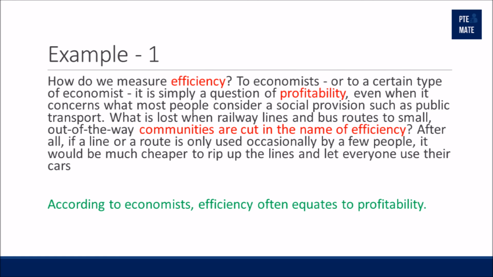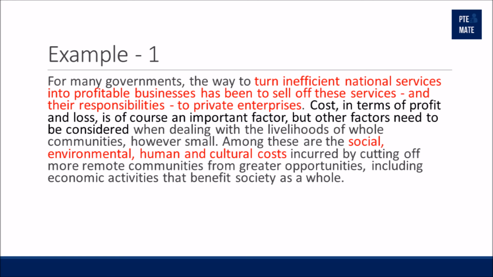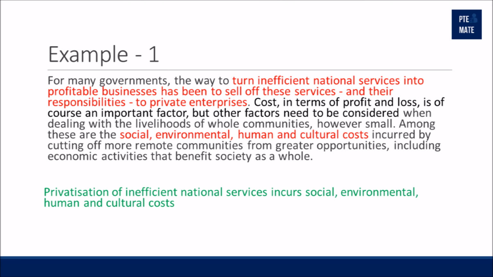All right? Now, in the second paragraph, I've highlighted turn inefficient national services into profitable businesses, and so on. And then among those are social, environmental, human, and cultural costs. So I will rephrase that. I'll say privatization of inefficient national services incurs social, environmental, human, and cultural costs.